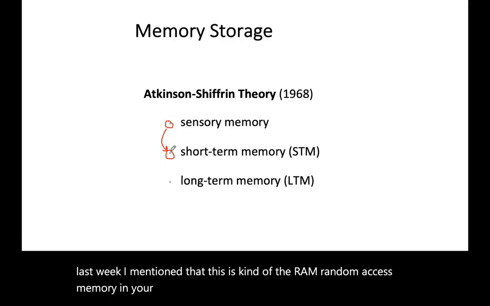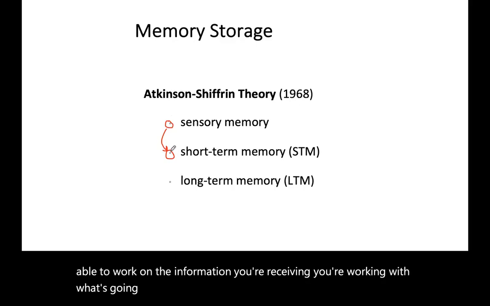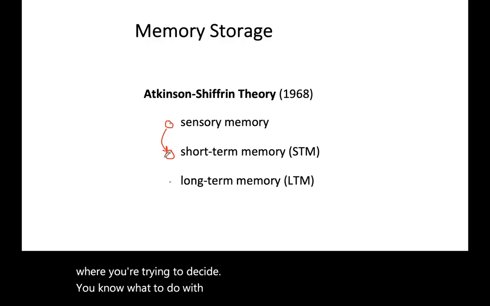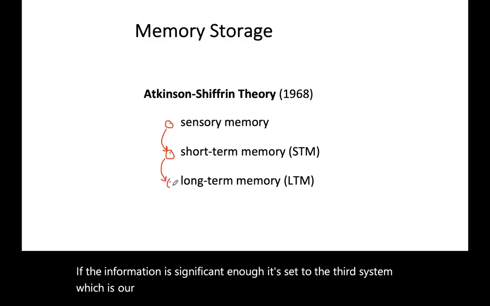It's a limited space where you're able to work on the information you're receiving. You're working with what's going on, and you're deciding how to respond in some cases. So it's that sensation to perception area, but it's also where you're trying to decide what to do with this information. If the information is significant enough, it's sent to the third system, which is our long-term memory.